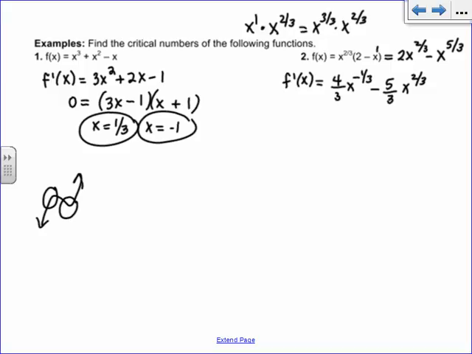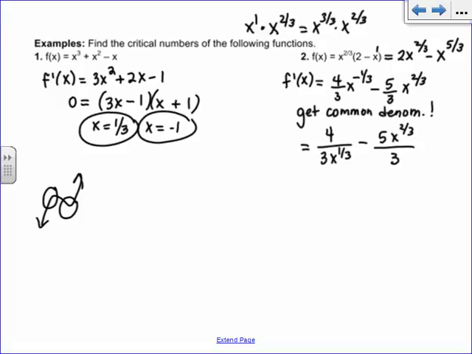Now in these types of problems, when you have x to a negative power, you have to get common denominators. Okay, we have to find where our function is undefined and where it's equal to 0. So the way that we do this is we get common denominators. So I'm going to rewrite this function as 4 over 3x to the 1/3 minus 5x to the 2/3 all over 3.